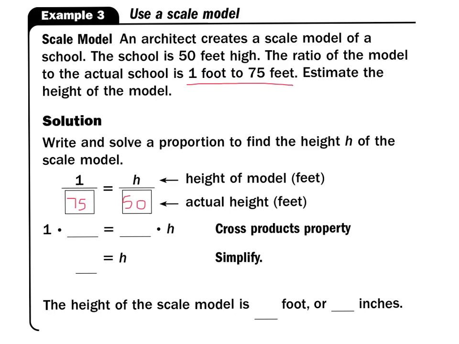We'll use cross products to solve. 1 times 50 equals 75 times h. 1 times 50 is 50 equals 75h, and then you divide 50 divided by 75, and you're going to get 2/3. So the height of the scale model is 2/3 of a foot, which could also be given as 8 inches.